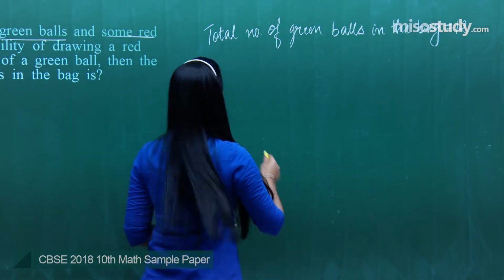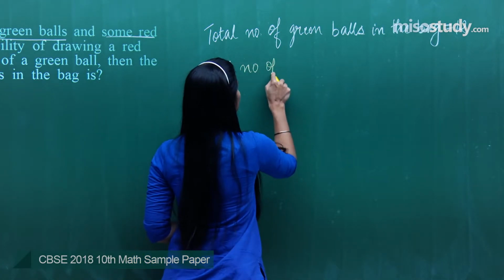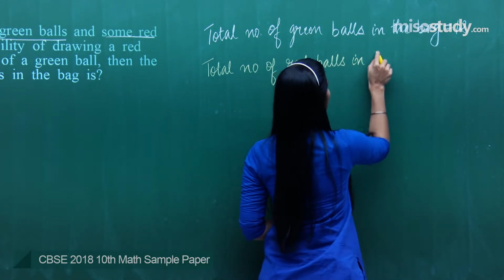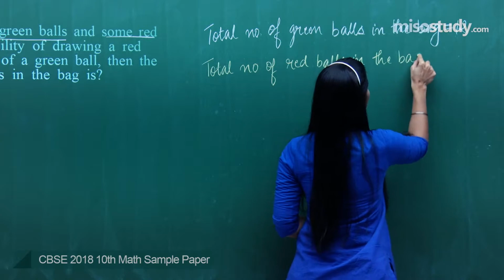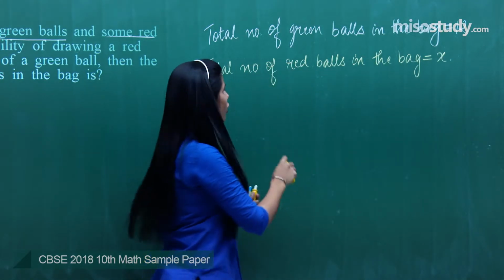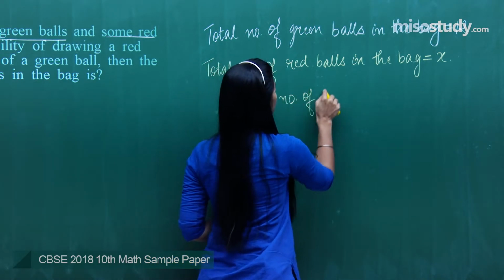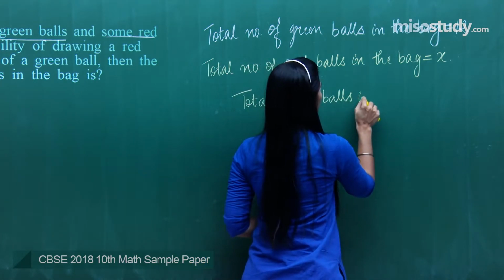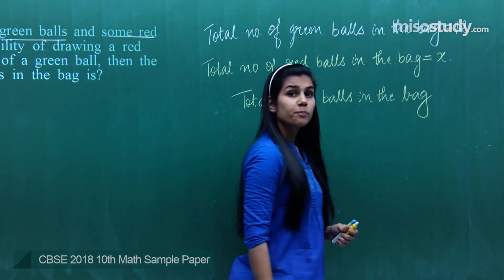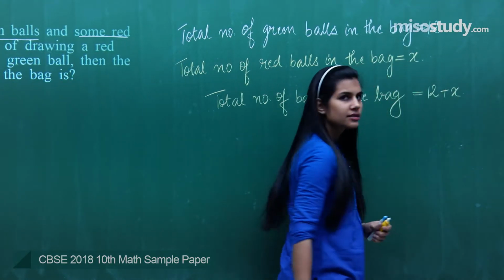So, suppose the total number of red balls in the bag is X. That means overall total number of balls in the bag is 12 plus X, isn't it?